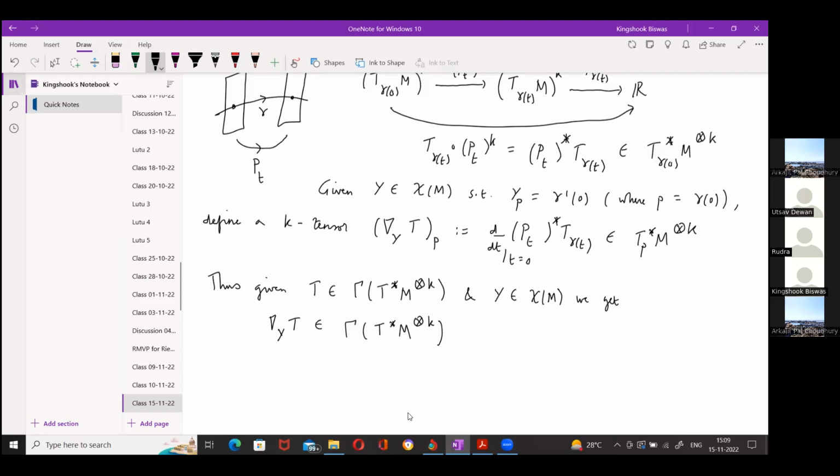Now, the k plus 1 tensor, nabla T, how is this defined?